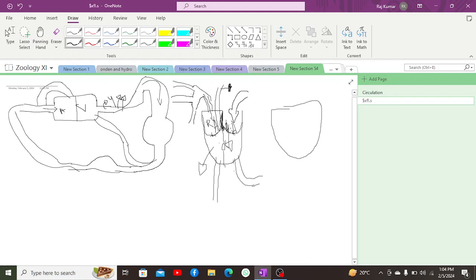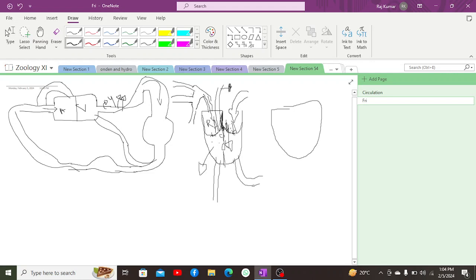And one more thing, this partially chambered heart leads to those regions known as the cavum pulmonale and cavum arteriosum respectively. And the rest, the superior vena cava and inferior vena cava, are the same.